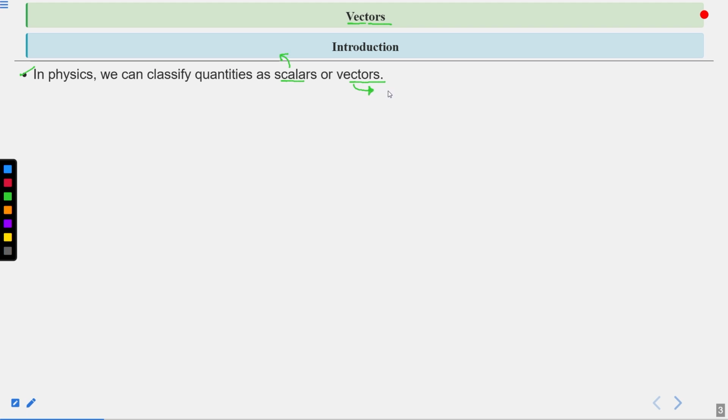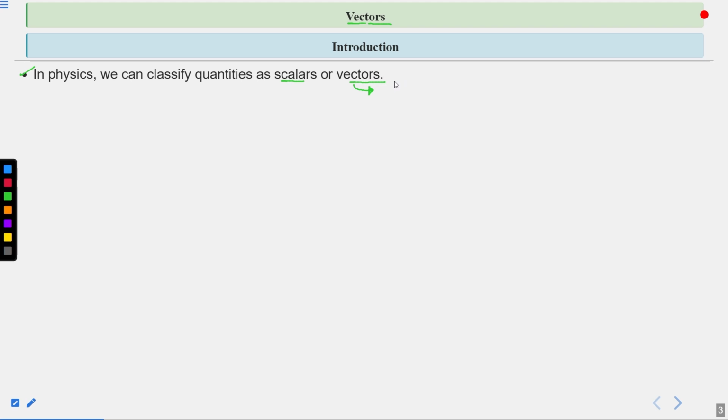How? Suppose we have 10 kg sugar. The magnitude is only 10. It shows the mass, or quantity. So this is just a scalar. Now what is a vector?